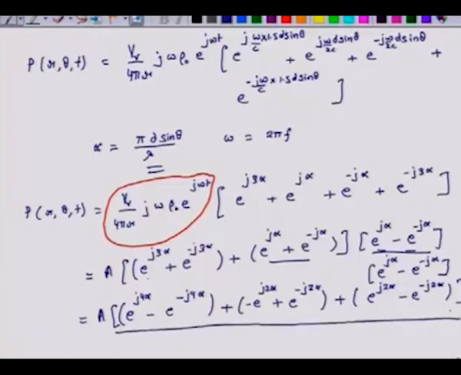All other terms we find they cancel out. So, this term, and in the numerator I still get e^(j alpha) minus e^(-j alpha). So, in the numerator this term and this term they cancel out.